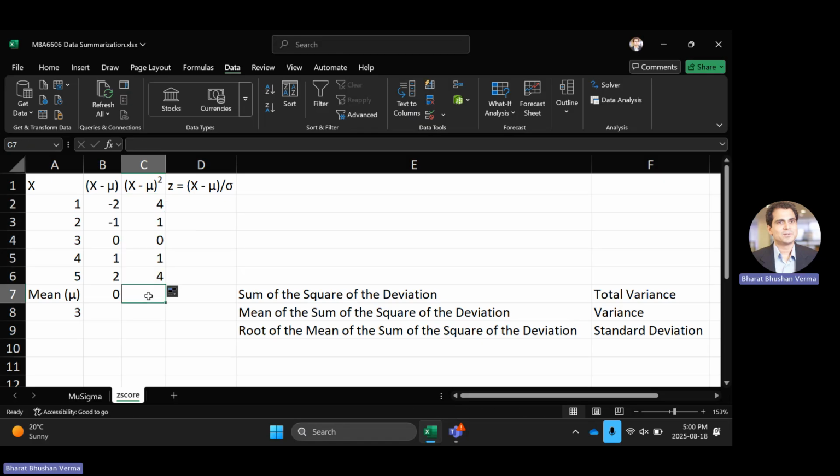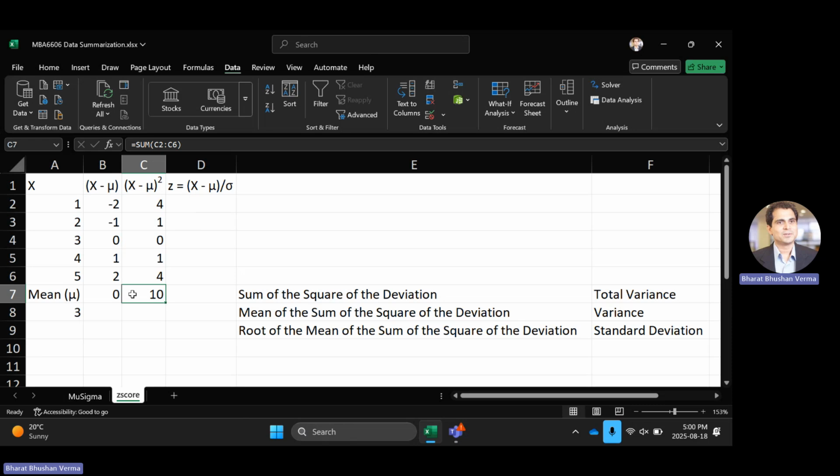And the sum of the square of the deviation is easily calculatable using the formula sum. So the total variance of the data is 10 units.